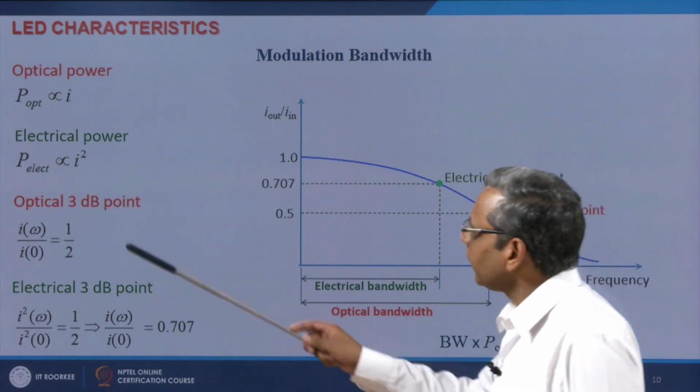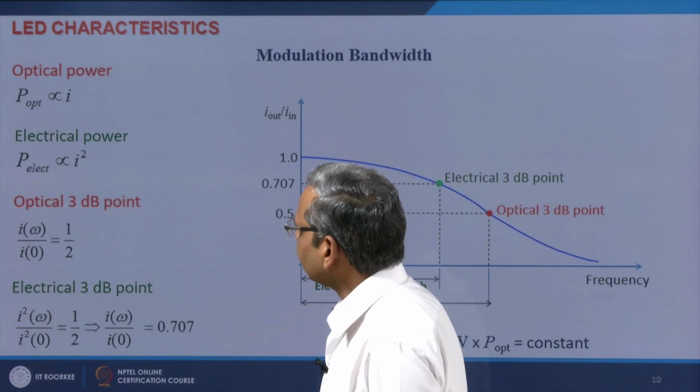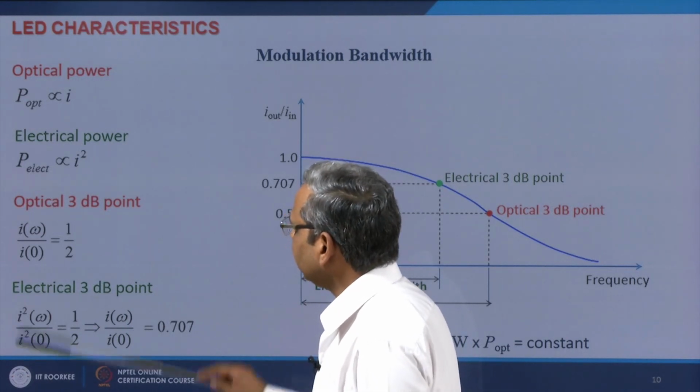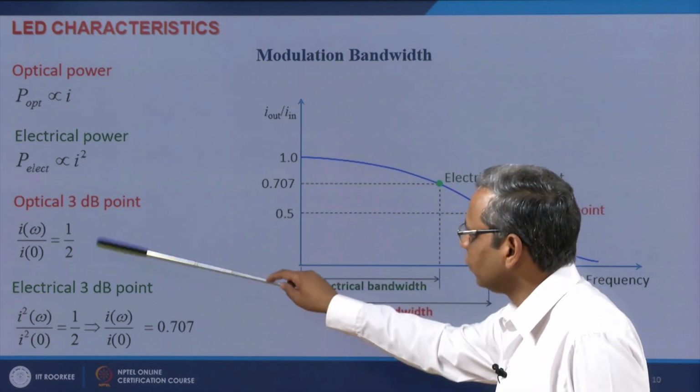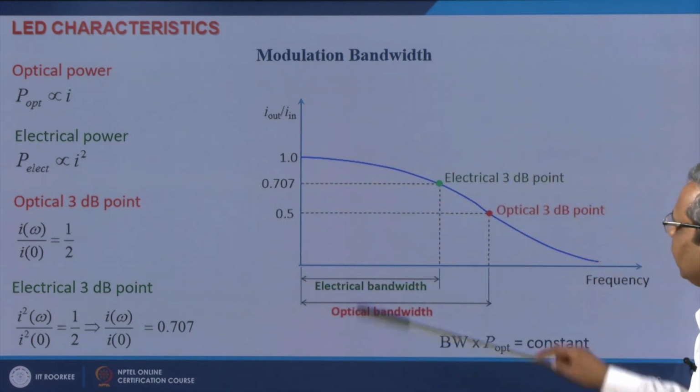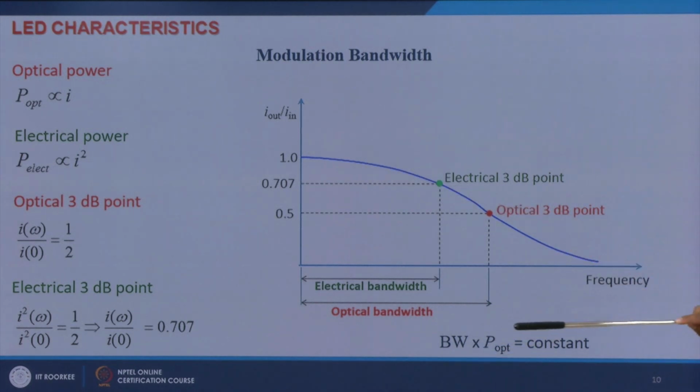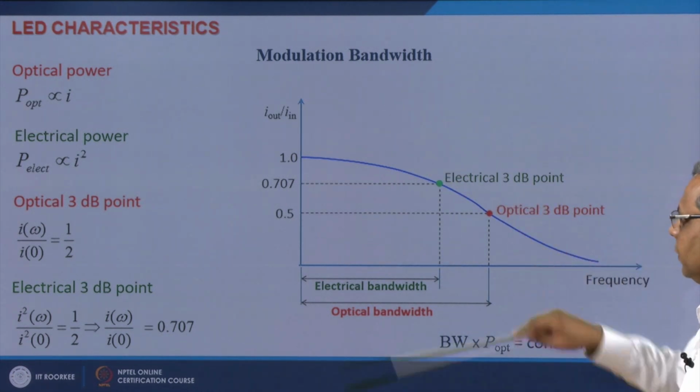And since optical power is proportional to I, the optical 3 dB point would be I omega over I0 equal to half. Here I have I omega over I0, which is nothing but I out over I in. I out is at frequency omega, I in is DC. So this is the optical 3 dB point, where this ratio is 50%.